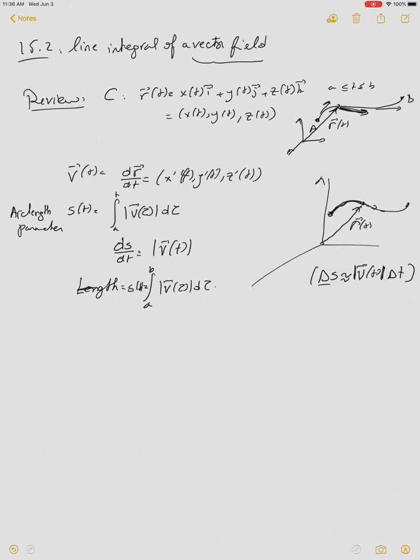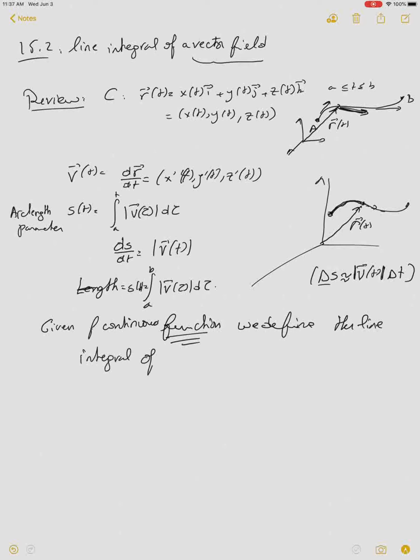Okay. And then we defined, given f a continuous function, the line integral of f over C, the integral over C of f ds.